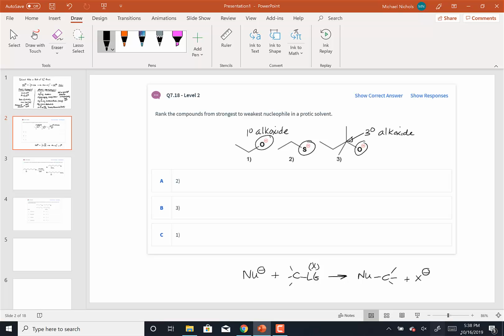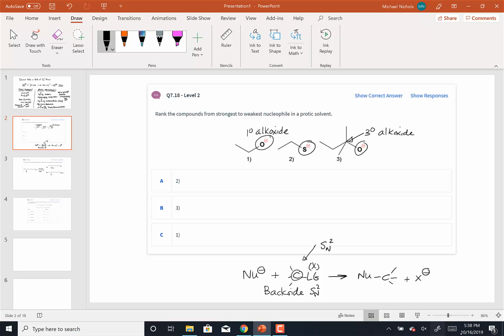Well, to answer that question, we would really want to think about the alkyl halide. What kinds of alkyl halides react fastest in an SN2 reaction? Well, since backside attack is the mechanism for SN2, the steric hindrance around this carbon is what's going to play the most important role in determining the reactivity.